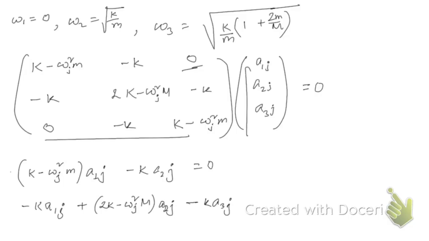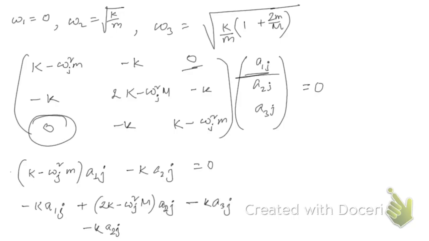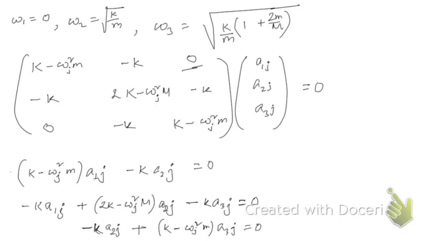And for the third row with this column, we're going to have minus k a2j, because the first element is 0 into this one, that will be 0, and this one into this one will be minus k a2j, then plus this one with this, that's going to be k minus omega j square m into a3j. So these are the three equations.